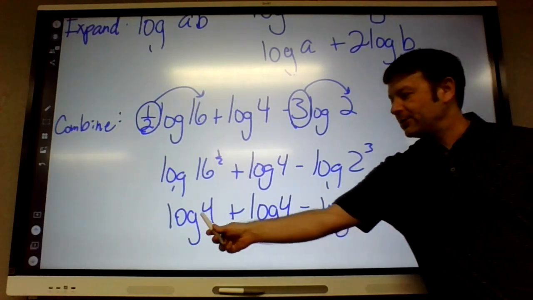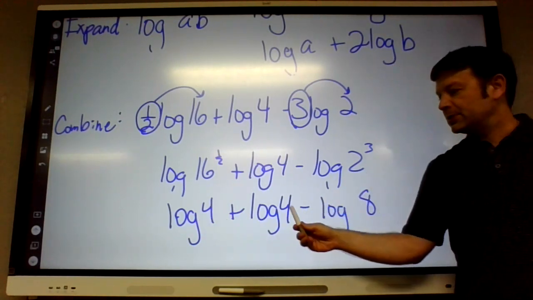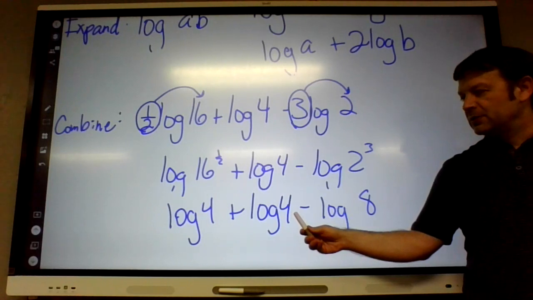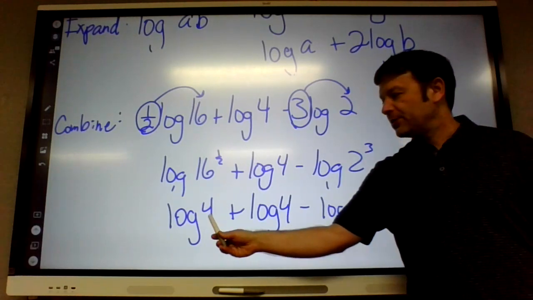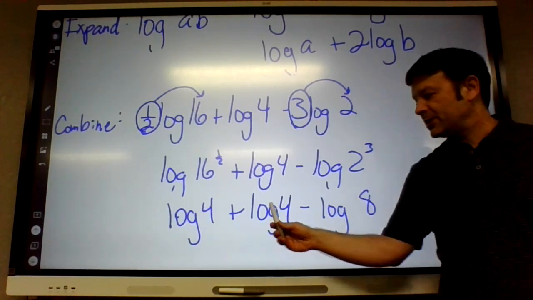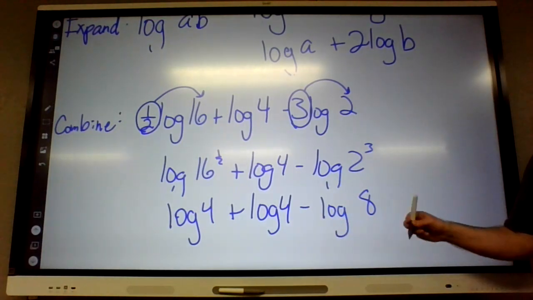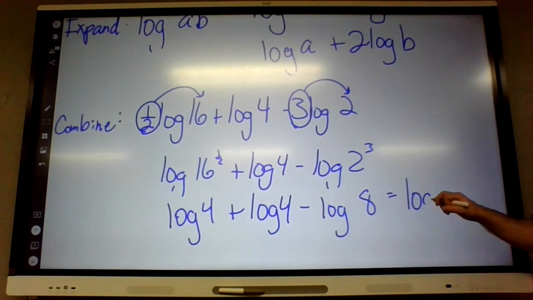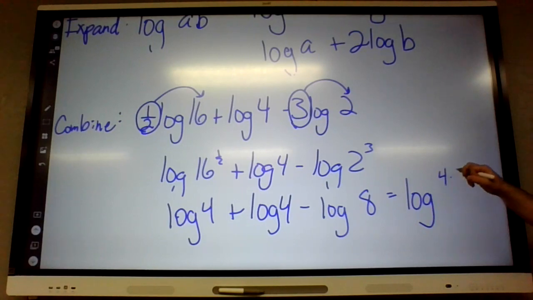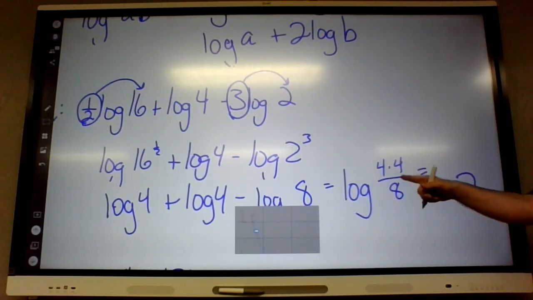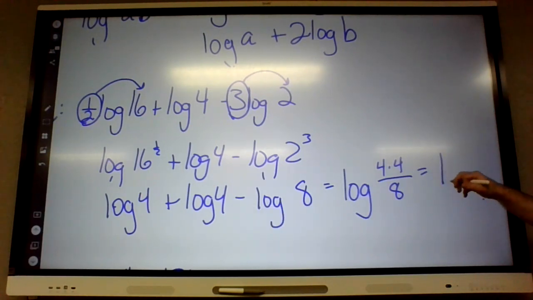When we're adding logs, what do we do with these numbers? We multiply. So this would be basically 4 times 4, and when we subtract, we divide. So it's log of 4 times 4 divided by 8. 4 times 4 divided by 8 is 2. Yeah, that big 2 I just erased.